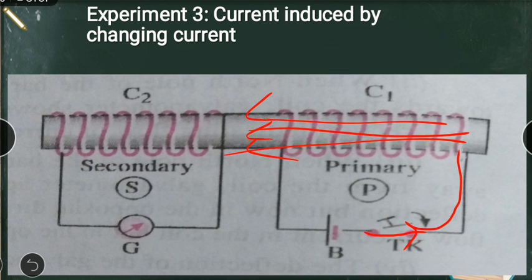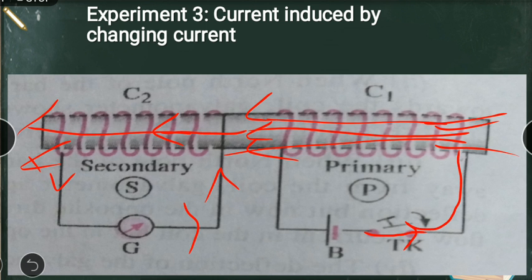Magnetic flux is generated in the primary coil, and this magnetic flux gets linked with the secondary coil, hence the current starts to flow in the coil, which is indicated by the deflection in the galvanometer.